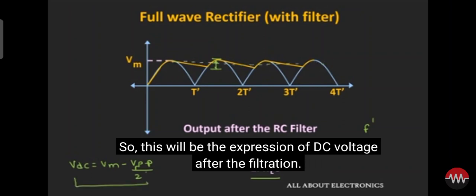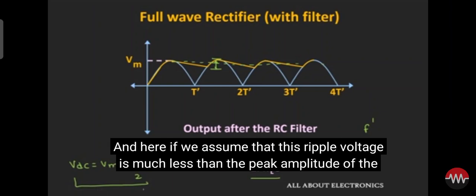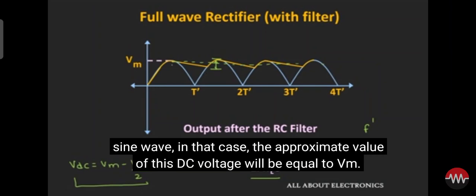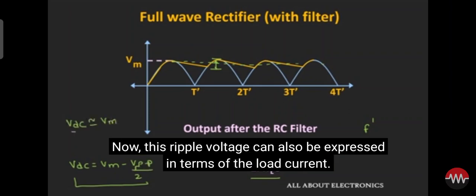So this is the expression of the DC voltage after the filtration. And if we assume that this ripple voltage is much less than the peak amplitude of the sine wave, in that case the approximate value of this DC voltage will be equal to Vm.